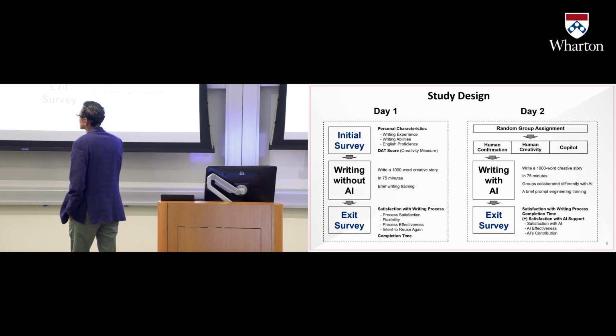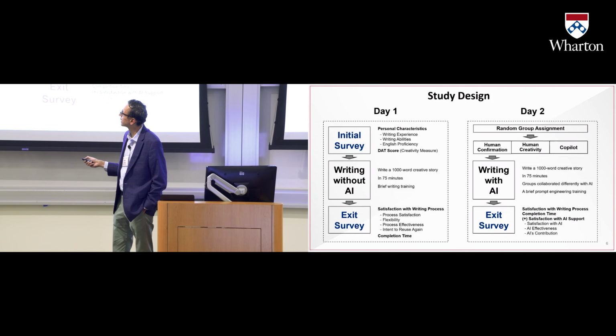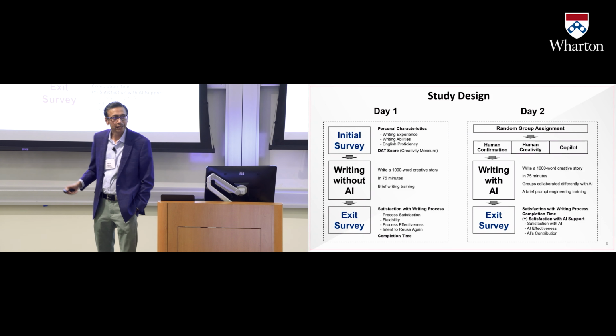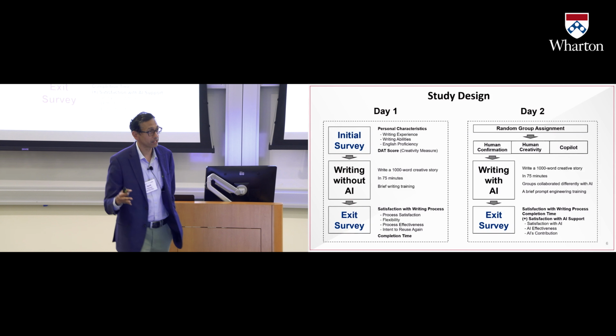Once they're done, they fill out an exit survey where they report on satisfaction with the process, the flexibility they had to achieve what they wanted, intent to reuse this process, and so on. On day two, they come back and are assigned to one of the 3 treatment groups that I described.